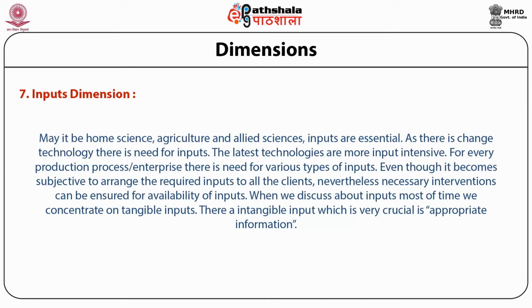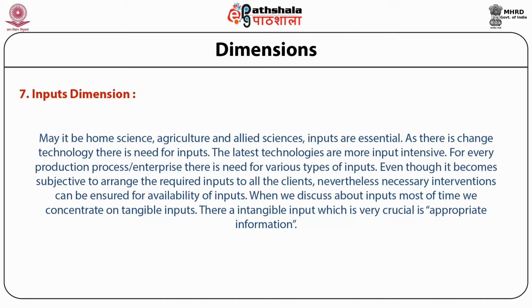for availability of inputs. When we discuss inputs, most of the time we concentrate on tangible inputs. There are some intangible inputs which are very crucial, like appropriate information. In many of the production processes, we don't pay much attention to information.